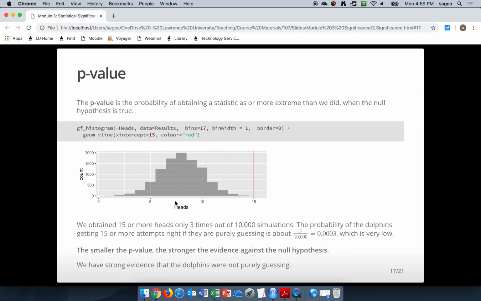The p-value represents the probability of obtaining a statistic as extreme or more extreme than the one in our study if the null hypothesis is true. The smaller the p-value, the stronger the evidence against the null hypothesis. In this situation, we have strong evidence that the dolphins were not purely guessing.